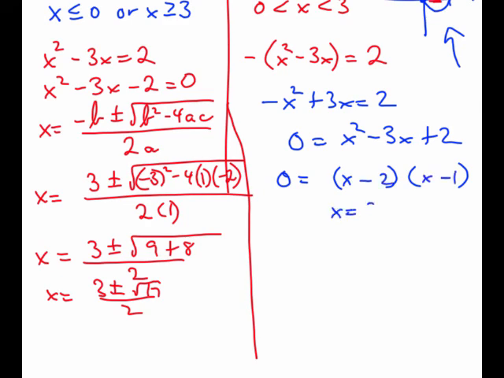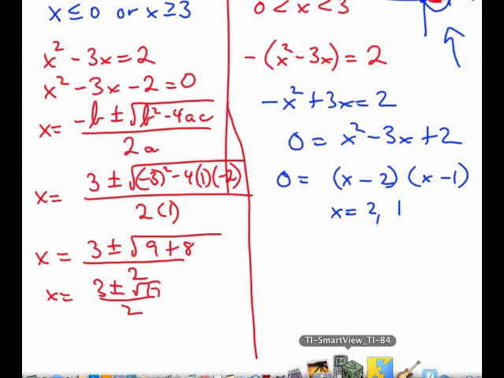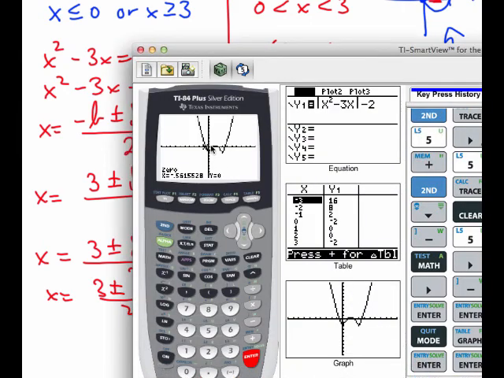So x is 2 or 1. And let's just jump back to our graphical solution. And was x equals 1 one of the solutions right there? Looks like it was. Let's just see if it is. If x is 1, y is 0. If x is 2, y is 0. I've verified those very quickly.